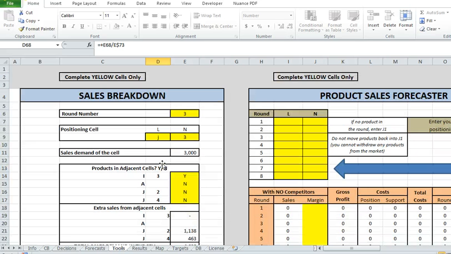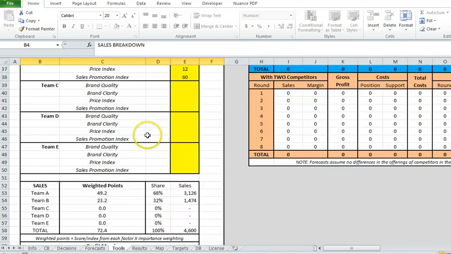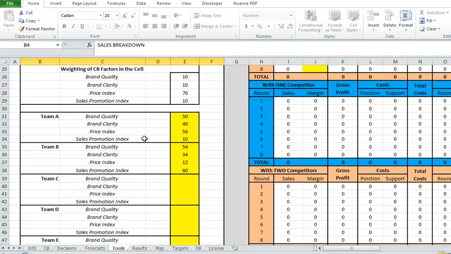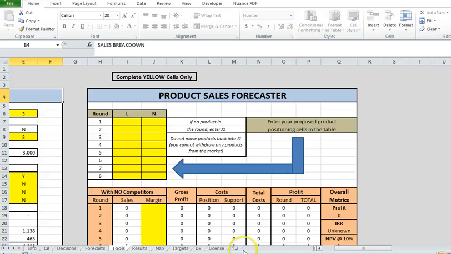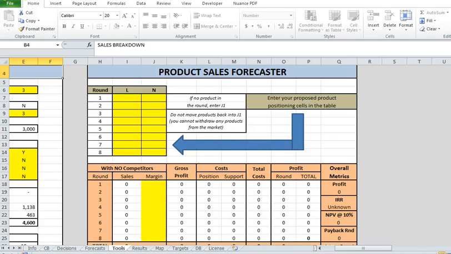So if you're ever confused about, gee, I thought we'd get more sales, that just helps you work out how the cell is calculated. Okay, if we come across here, this is a helpful tool at the start of the game. Helps us map out the progression.